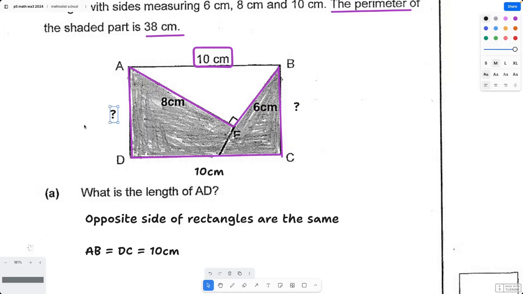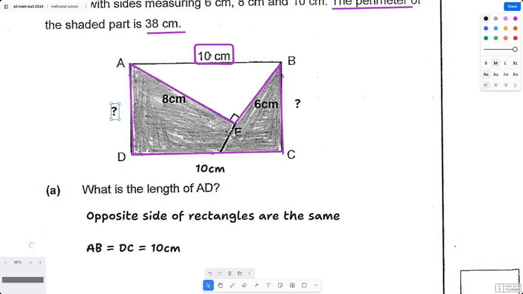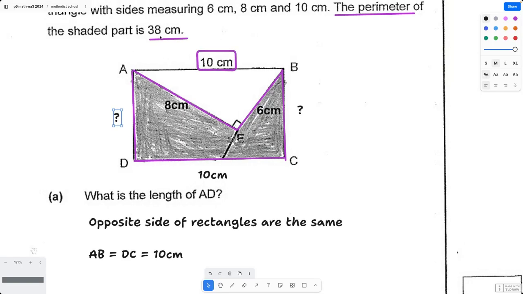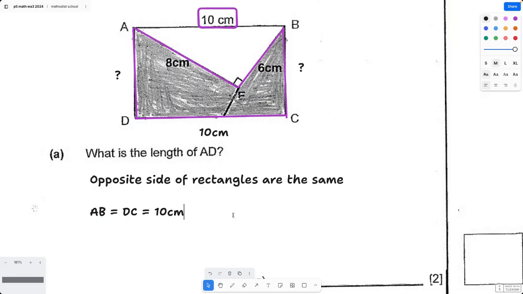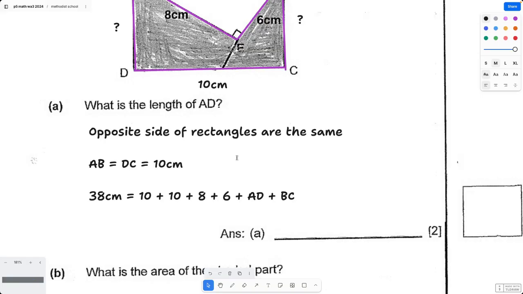So basically, the whole parameter is 38 and it's including this AD and BC. So what we're going to do is basically the parameter 38 centimeters is equal to 10 plus 10 plus 8 plus 6 plus AD plus BC, right? So AD and BC is actually the same.